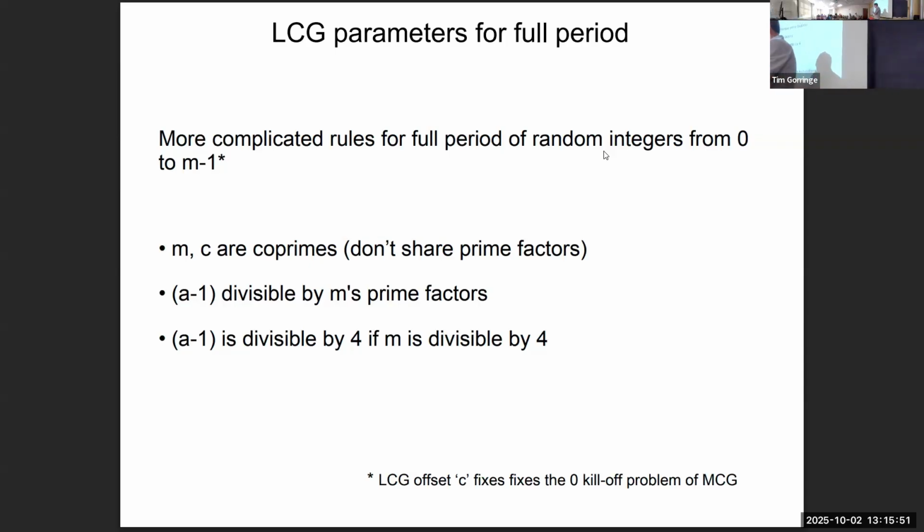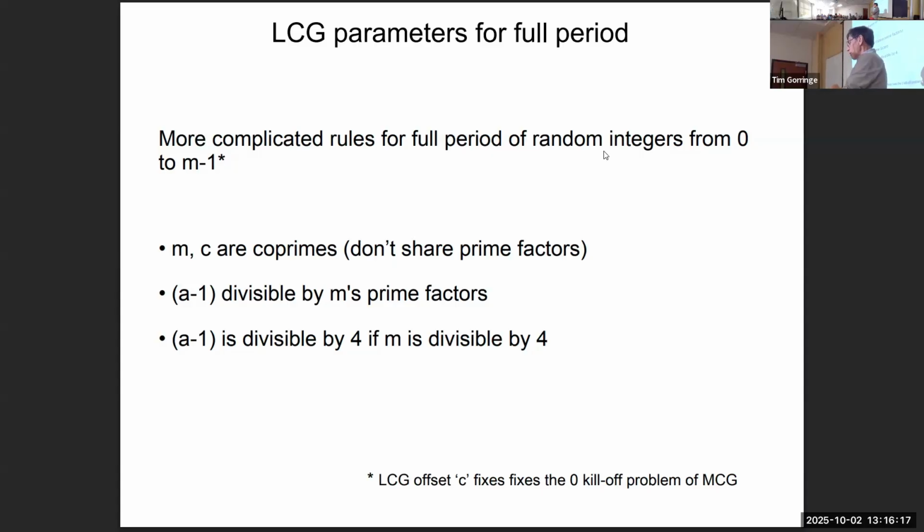In the case of the multiplicative generator, a correct sequence for a full period is picking n to be prime and picking the multiplier to be a primitive root. So it's a rather simple rule, at least to state. Your modulus is a prime number and your multiplier is a primitive root.